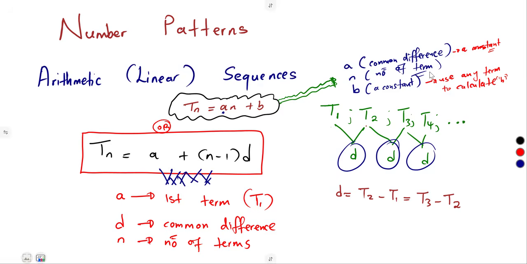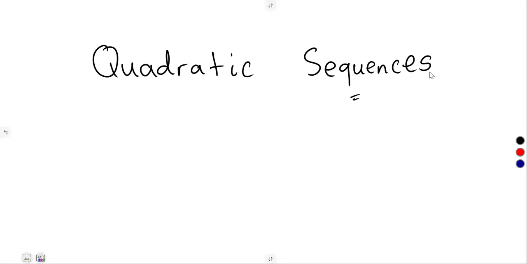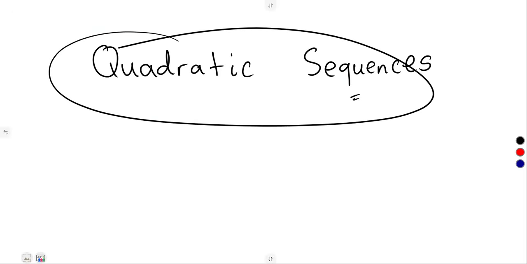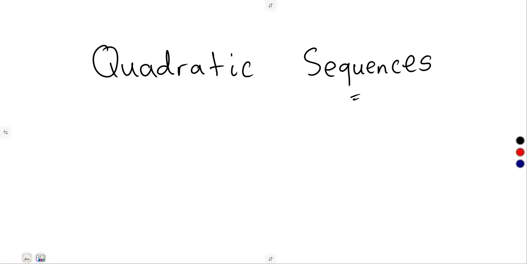On an arithmetic sequence, what we saw is that for the given terms, you are going to have the common difference, which is not the case for a quadratic sequence. For a quadratic sequence, we won't have such a condition. It'll be something different altogether.